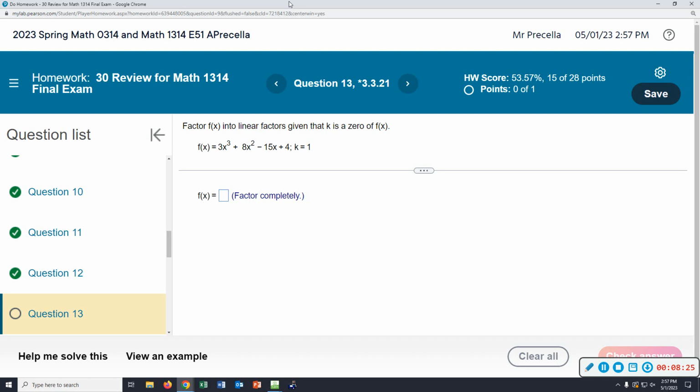K equals 1 is a 0. I'm going to make sure I don't miscopy. 3x squared plus 8x minus 15 plus 4.